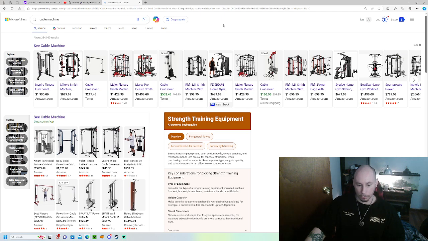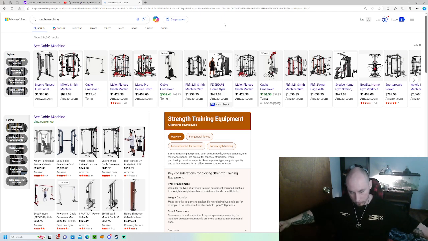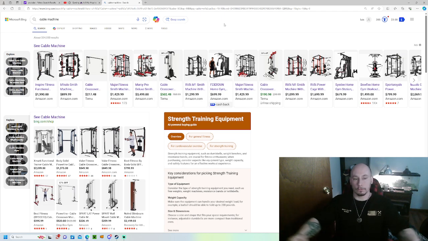And on a good day with cables, I could probably do like 25 pounds on each stack. Because there's always that resistance, no matter what. There's no stopping point. But with the chest fly machine, I can stop here, lock my hands in, or I can stop at the bottom and take a bit of a rest.